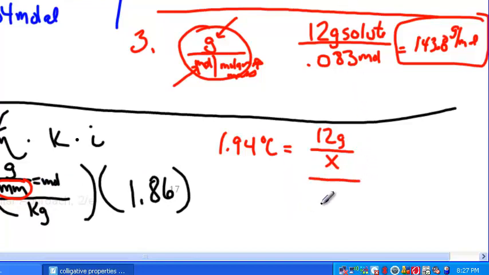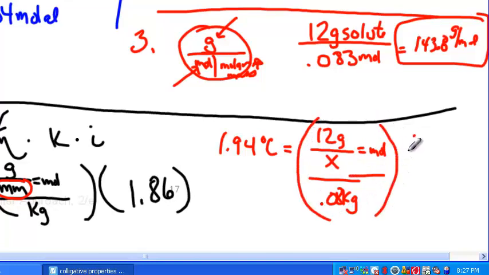The kilogram was 0.08 kilograms. See how I have moles per kilogram? All of it is my little m. Pull out the X, and you've done in one setup the series of 3 steps that we've done up above. It just depends on your algebra preference.